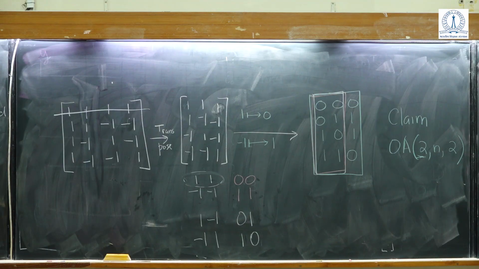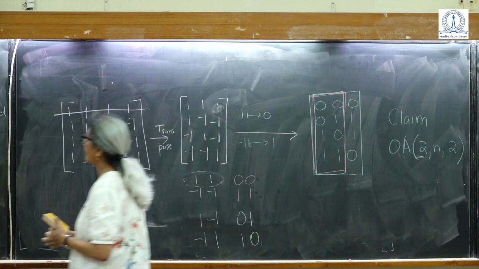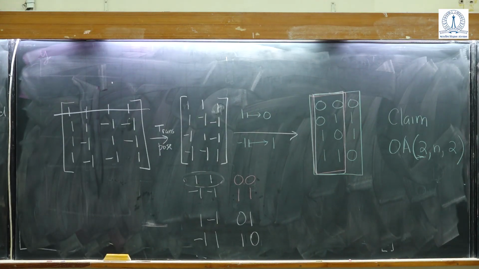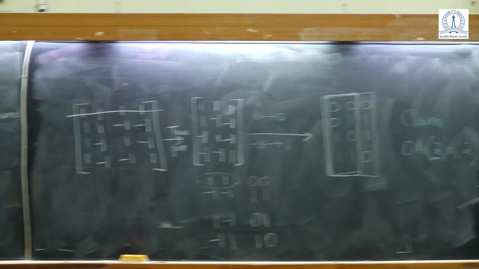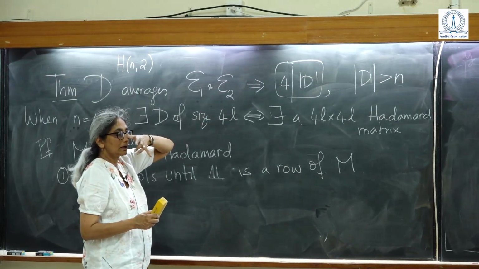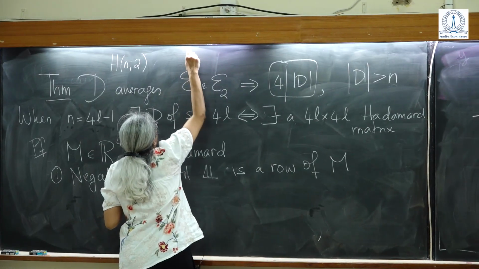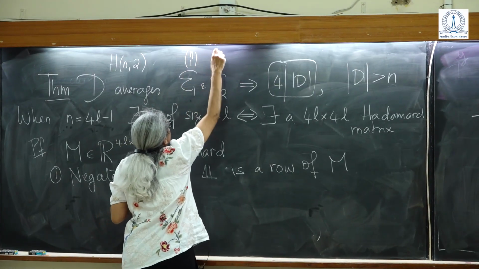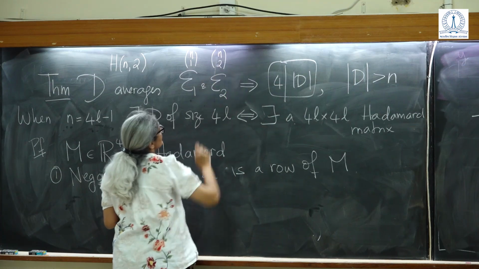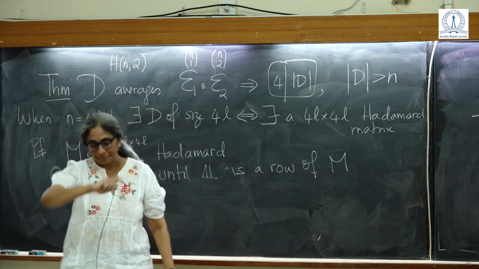E1, E2. Sorry, which one are you talking about, Apurva? So I want to average. Yeah, the size is n plus 1. No, you're right, sorry, I'm wrong. This is n plus n choose 1. No, these are the sizes.